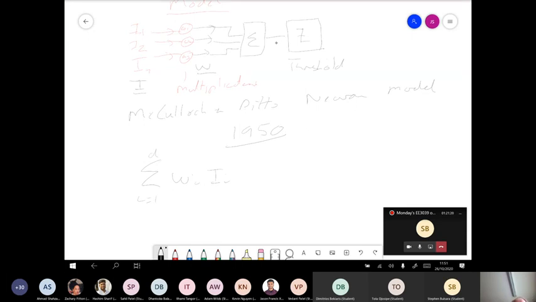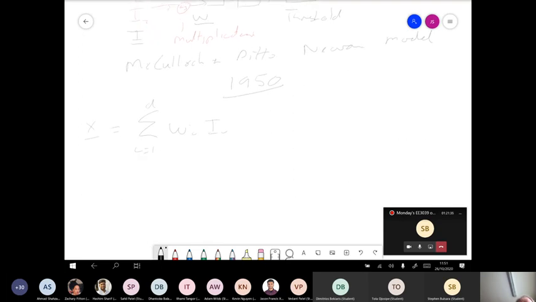So at this point here, let's call it point X, we have the summation of Wi Ii, the summing of the weighted inputs. Now that is a vector operation. And I hope some of you from your mathematics will recognize this as a scalar.